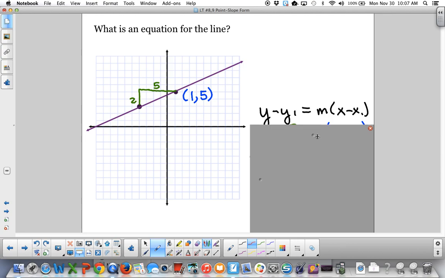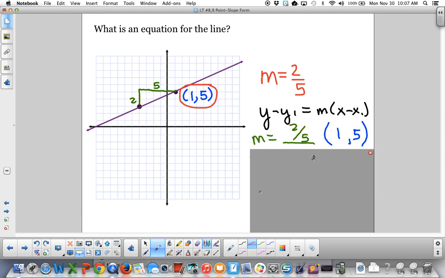and so we've got our slope of positive 2/5, and our point of (1, 5), and we plug that in, 2/5, (1, 5), we get y minus our y1 equals our slope times x minus our x1.